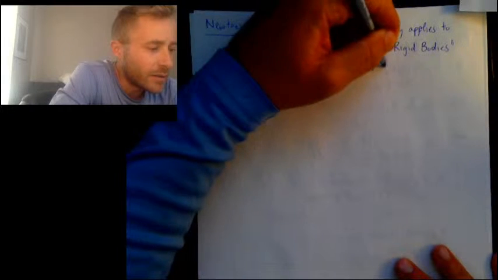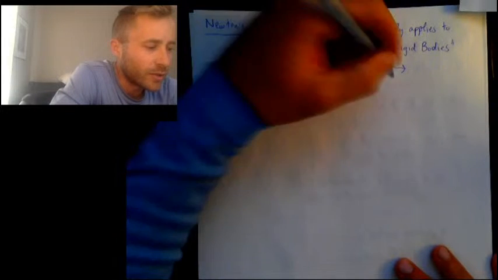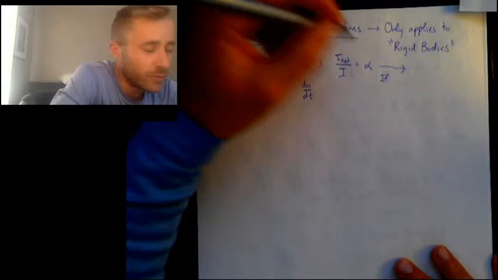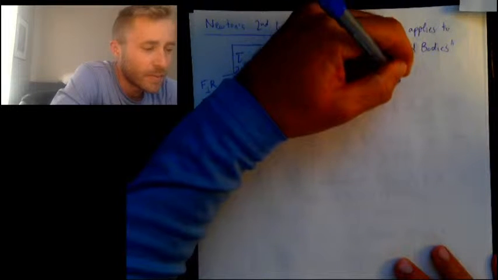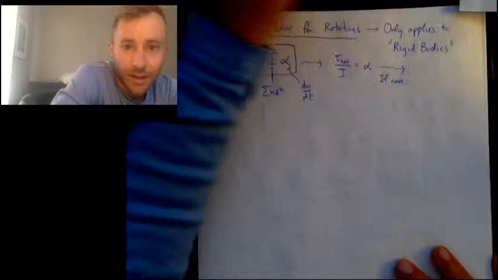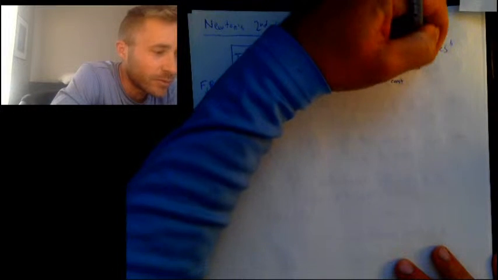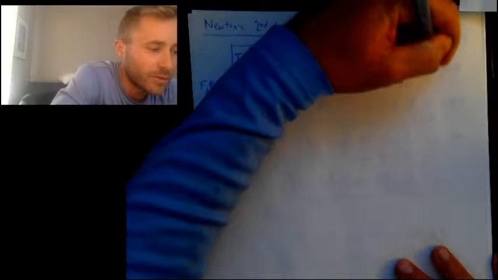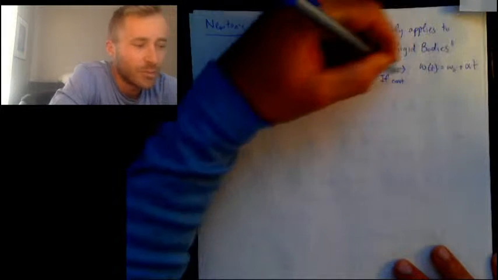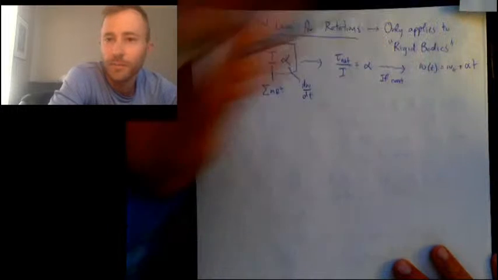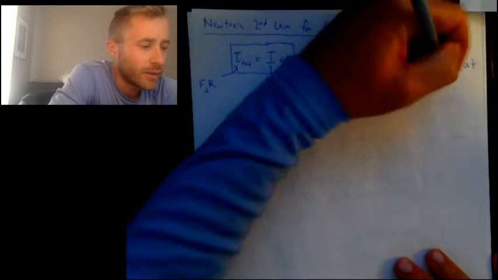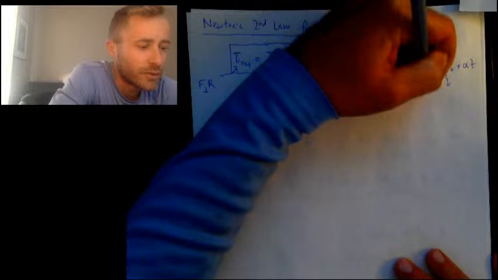And then if that is constant, which it's not always going to be constant, but if it is constant, then we can apply this to angular kinematics. For example, we could find omega of t is omega naught plus alpha t. So now we can plug that alpha into here, and then that's going to allow us to predict the motion.